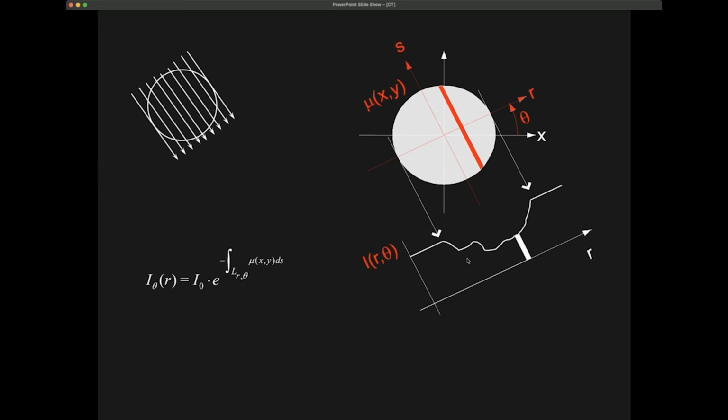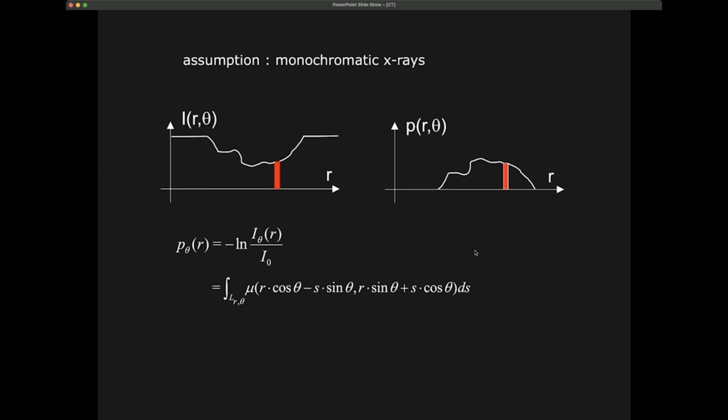We measure the intensity of the X-ray that passed through the line in this direction, and we get a typical profile like this. Each time the value is the exponential of the line integral over all the points that the X-ray beam passed through. This is for one theta, we get this one profile.